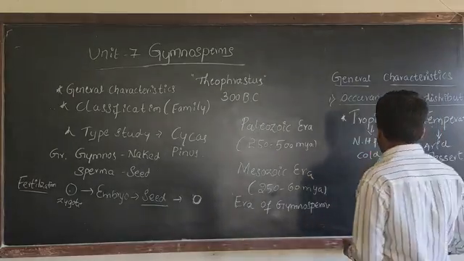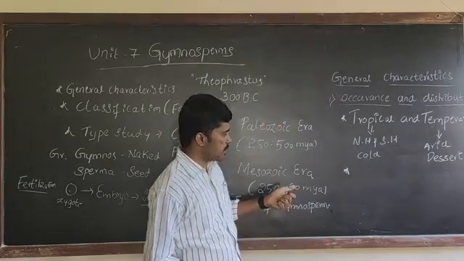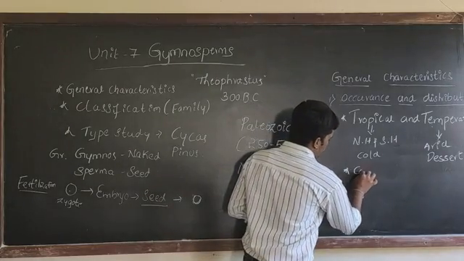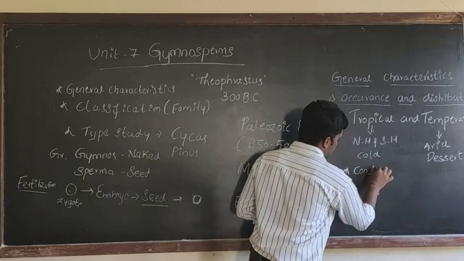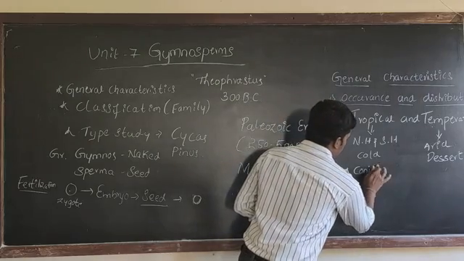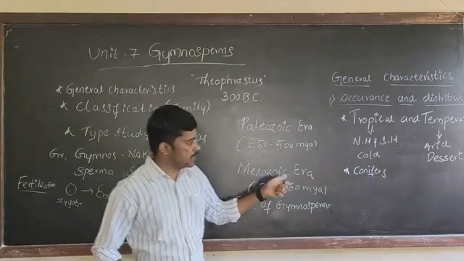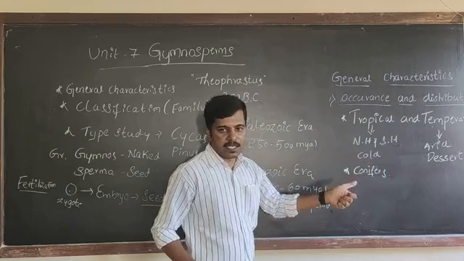Some of the examples of gymnosperms where they grow in colder climate regions. Most of the conifers are present in the northern and southern hemisphere.